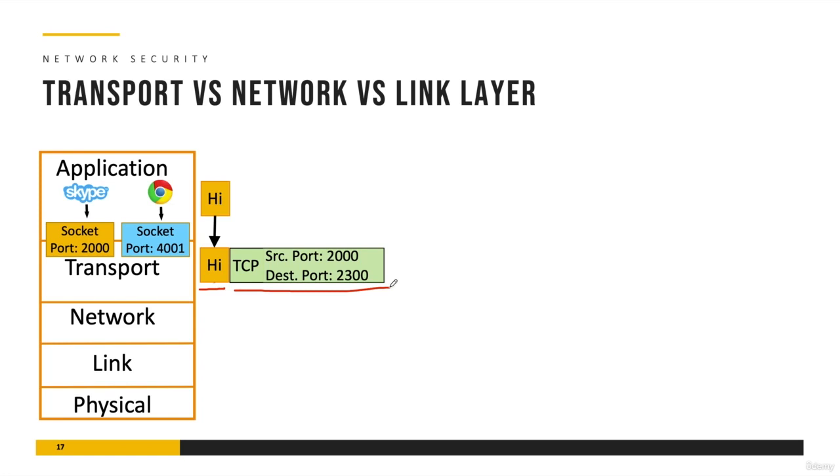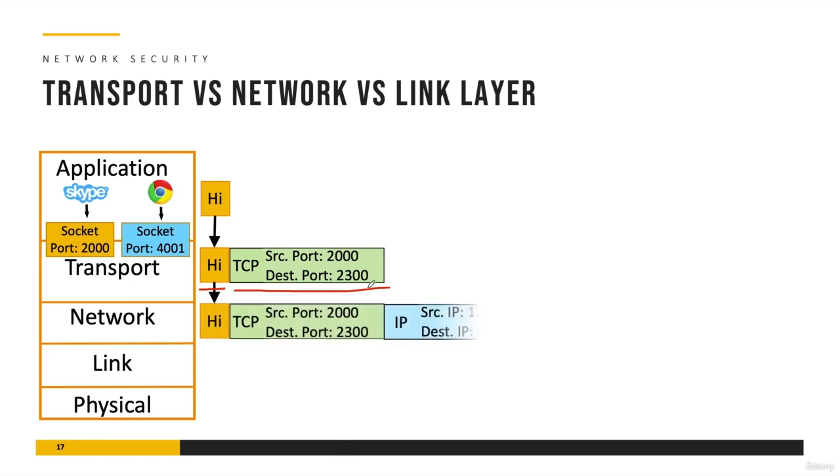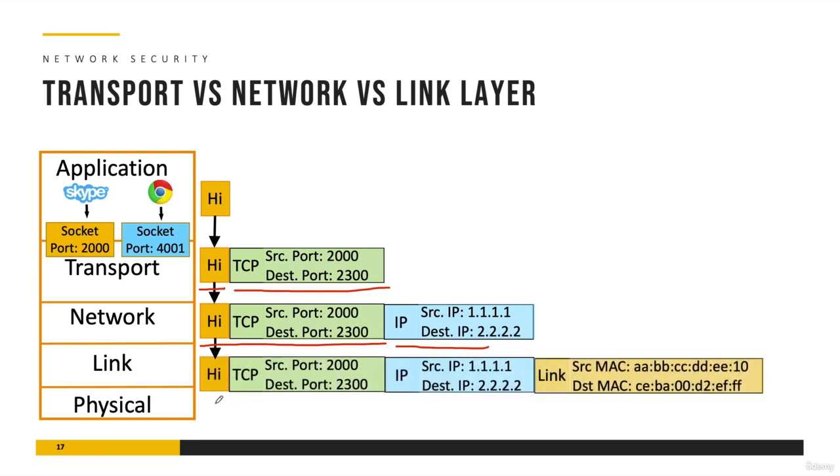Now this packet is passed to the network layer, which considers all of this as the data and adds its own header, which is the IP header, and which basically contains the source IP address and the destination IP address.